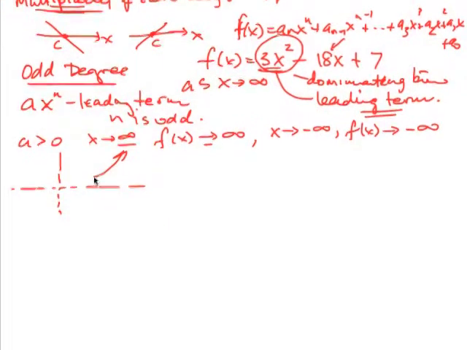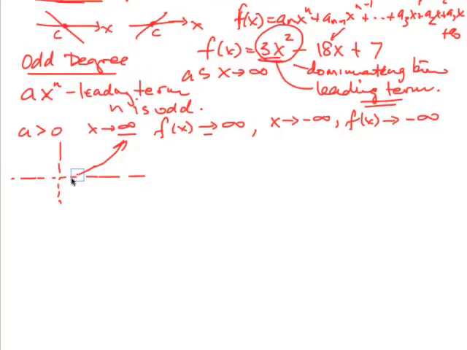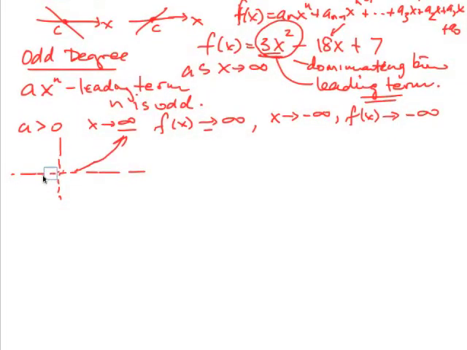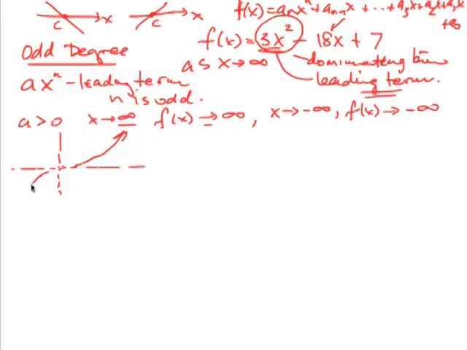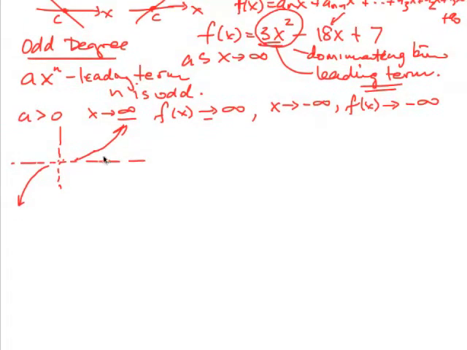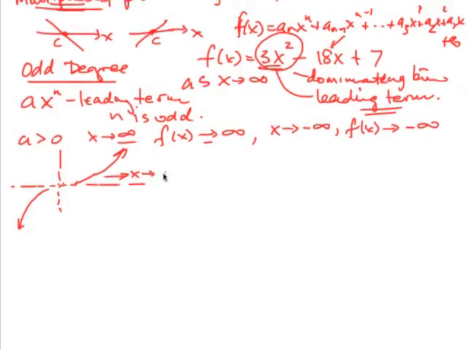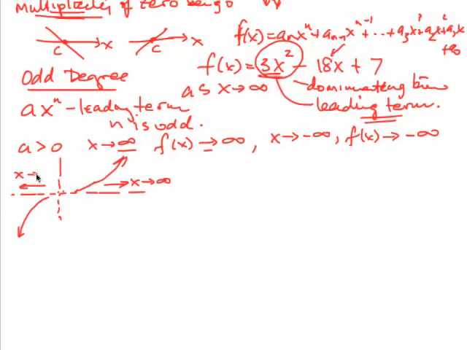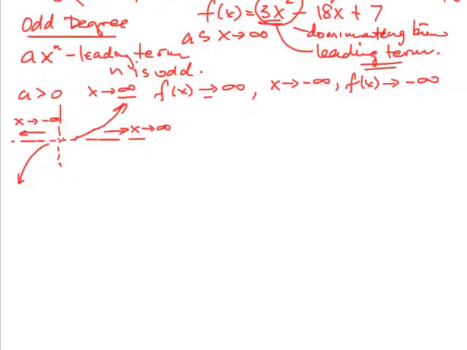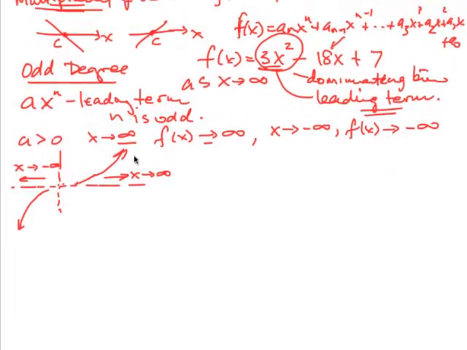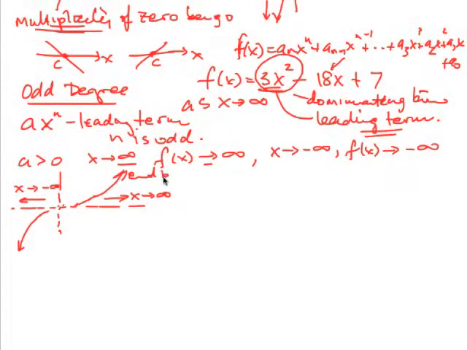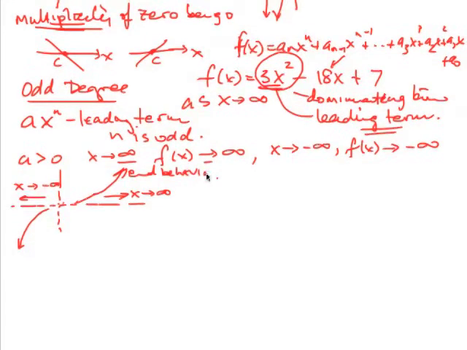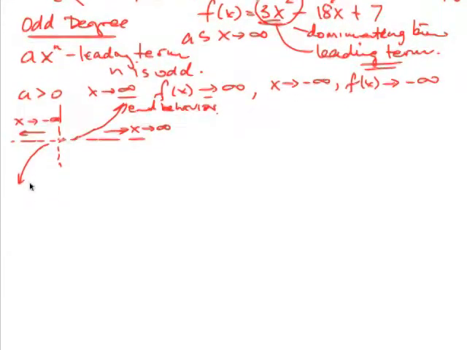We don't know what it does near the middle there, but then it comes down as it goes towards the negative. So here's x going towards infinity this way, and here's x going towards negative infinity in that direction. And here's our end behavior right here. And here's our end behavior here.